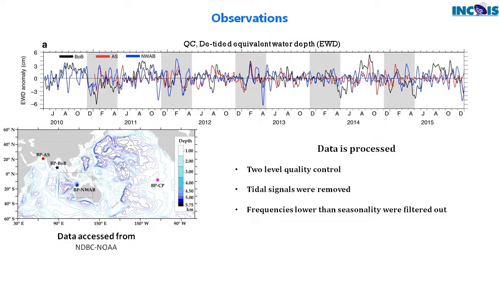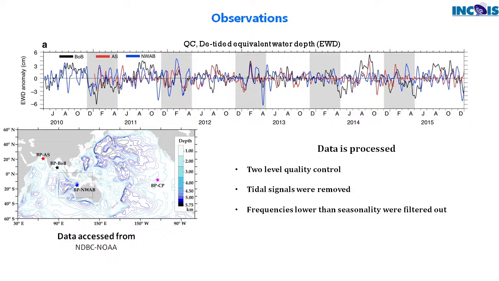We can find that we have barotropic variability at all the 3 locations. So black represents Bay of Bengal, red represents Arabian Sea, and blue represents our Northwest Australian Basin location that is near to Australia. And the values are in equivalent water depth, in centimeters. Okay, so at almost all the locations we have an amplitude.